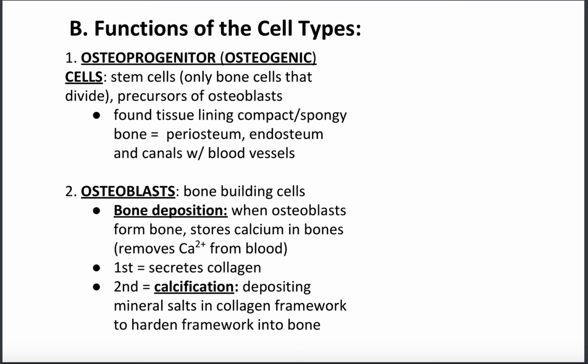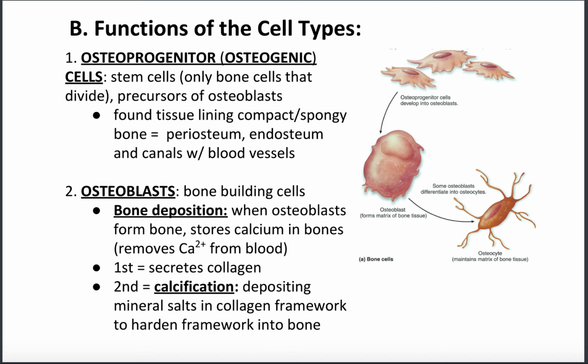Osteoblasts are the actual cells that form bone. Okay? So this is sort of the image over here of the osteoprogenitor cells. Then what happens is it develops into an osteoblast. Now, this osteoblast is a lot fluffier than the osteoprogenitor cells.